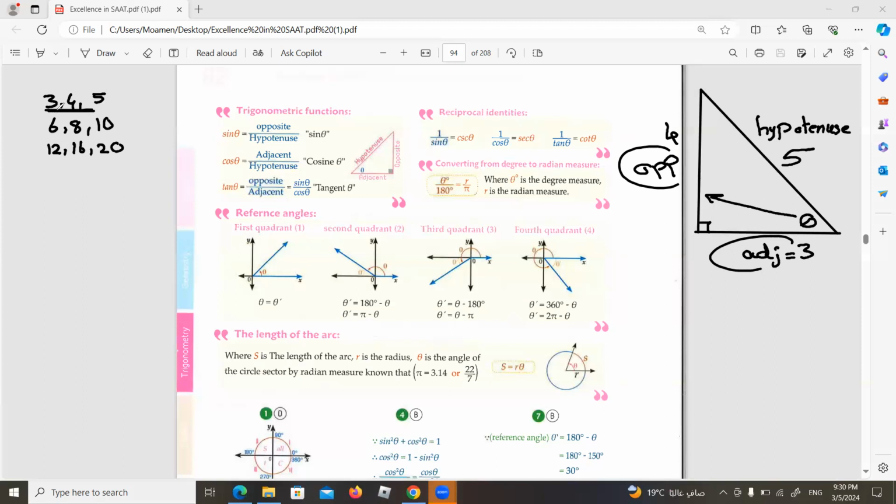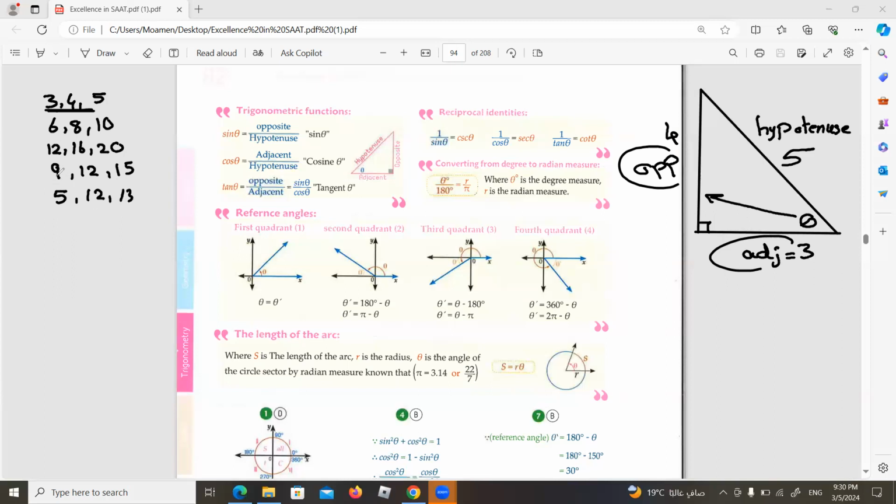Multiply the first by 3, it's 9, 12, and 15. Also we have 5, 12, and 13. All these are famous triangles. If I give you two sides, you can find the result.